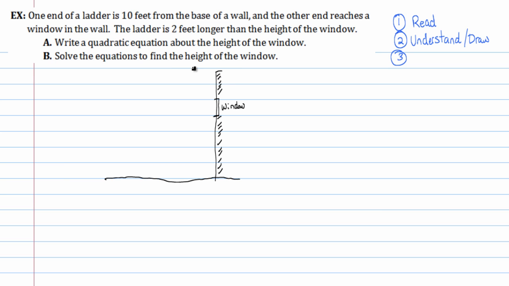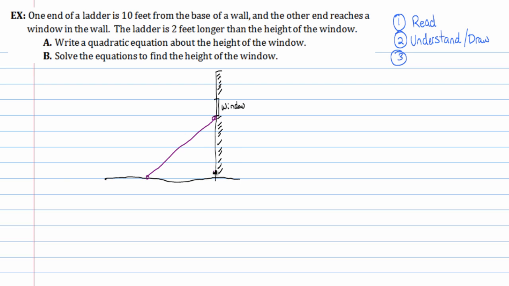And we have a ladder where one end of it is 10 feet away from the wall. Maybe I'll use a different color for the ladder. One end is 10 feet from the wall, and the other end reaches the window in the wall. So it's this situation right here where you have a ladder leaning up, and somebody's going to climb up this ladder to reach the window.